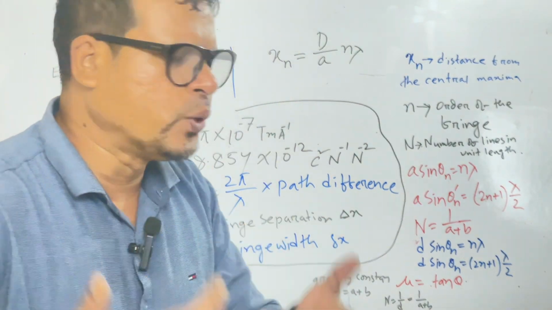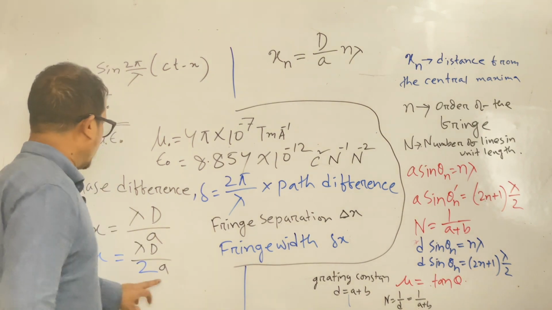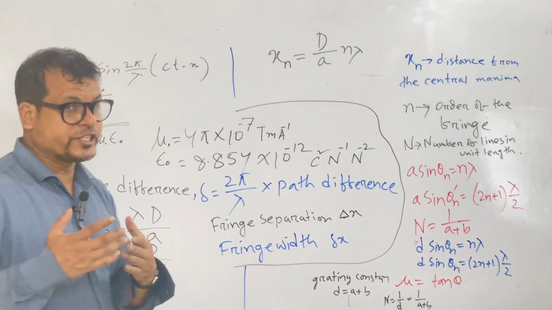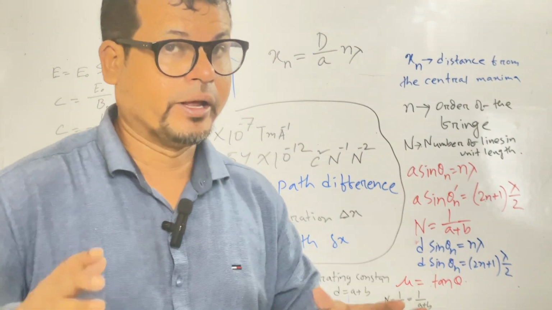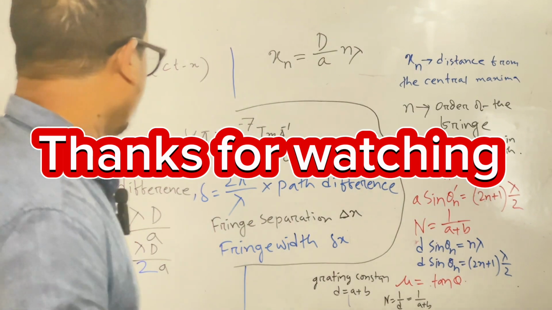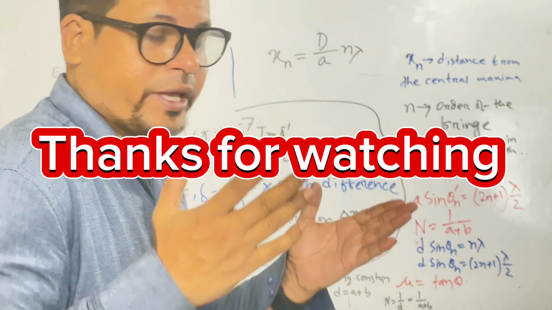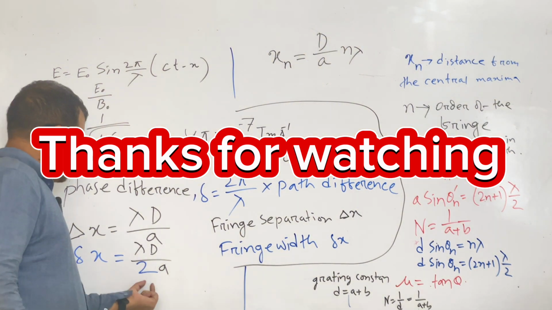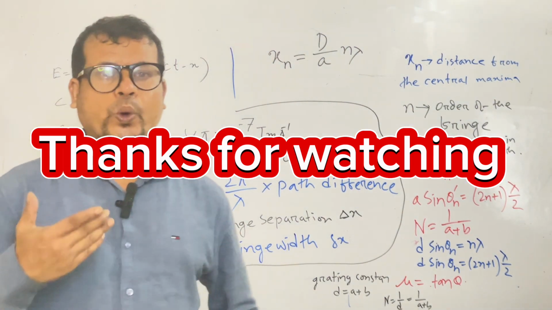Just add 2 in the denominator, 2a. A same, D same, lambda same, just 2. Try to remember this fringe width, it is very important and causes confusion, so you have to be very serious. Del x equals lambda D over 2a.